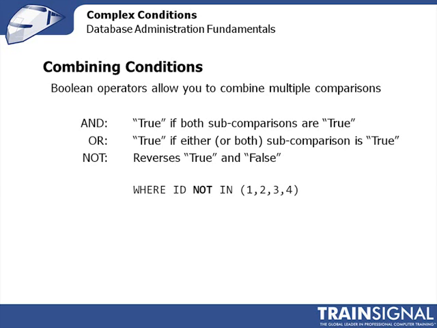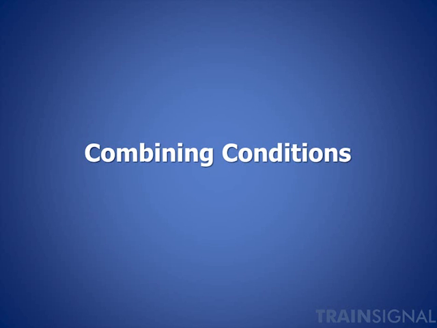And the NOT operator simply reverses true or false. For example, where ID not in 1, 2, 3, 4 means that it will only select those columns where the ID value is not one of the values in that list. Let's go back to Management Studio and take a look at using these Boolean operators to combine query filter criteria.